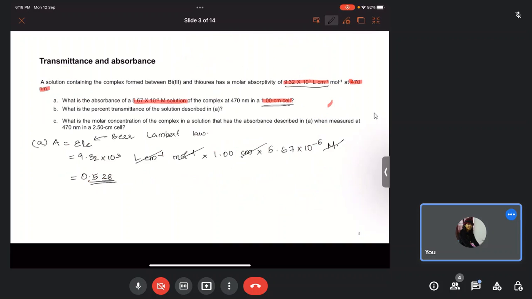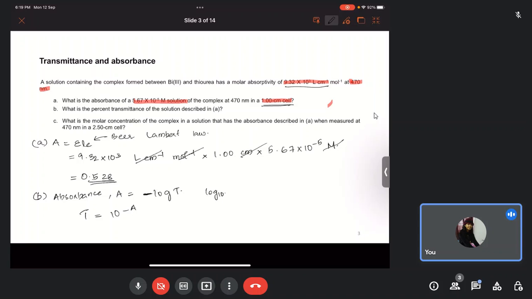Okay. The next part is to find the percentage transmittance of the solution described in part A. We had seen a similar calculation in the previous question, where absorbance is equal to minus log T. So transmittance is equal to 10 raised to minus A, because log is not natural logarithm, it is log to the base 10.